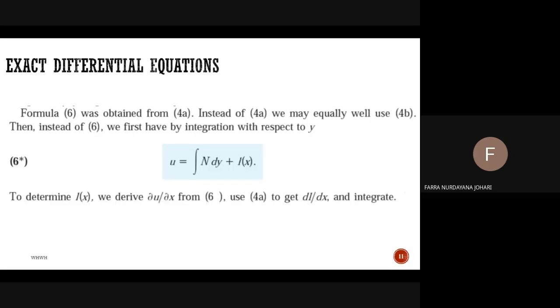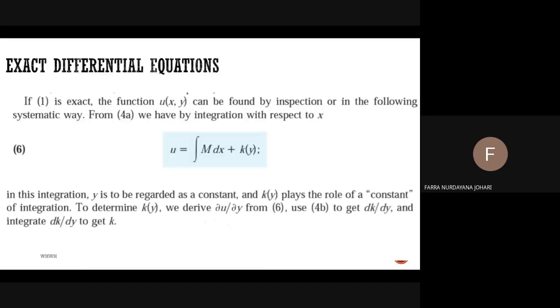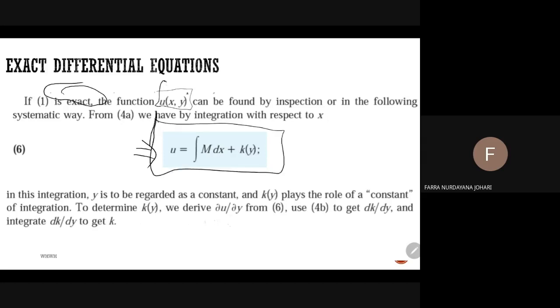So what I will explain later in the synchronous lecture is the steps on how to solve the differential equation. Once we find out that our differential equation is exact, then you can find u of x, y by using this formula: u equals the integration of M dx plus k(y).